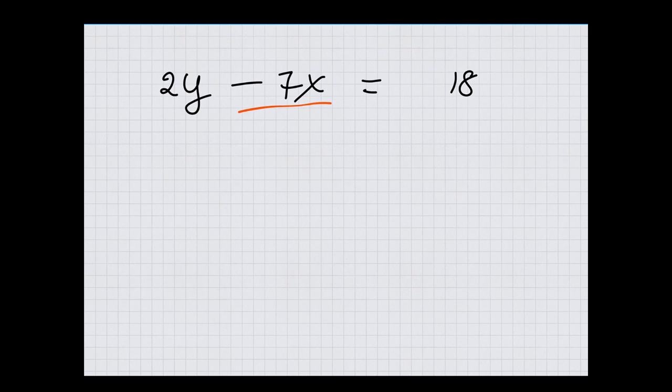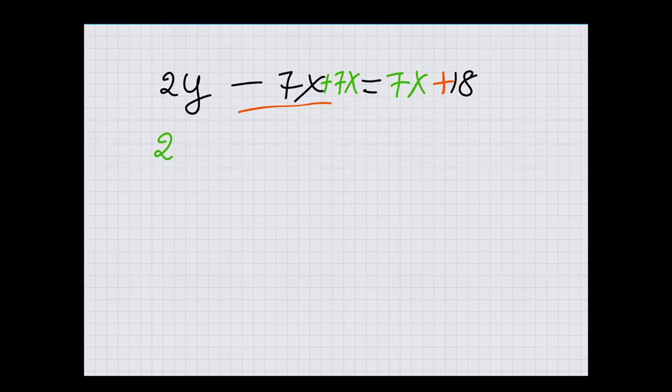So in order to skip a step, I'm just going to mark down the sign of 18, which is plus, right? When we have no sign, that's a positive. And then I'm going to do the additive inverse. So the additive inverse of negative 7x would be to add 7x to both sides.